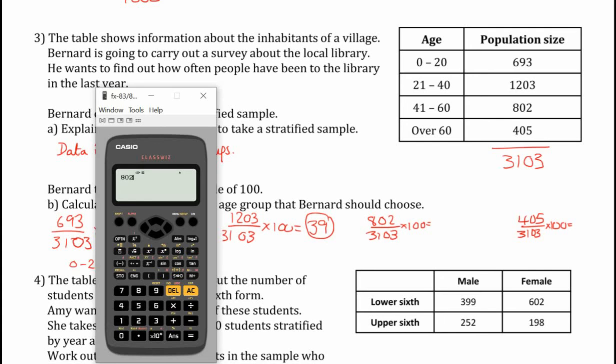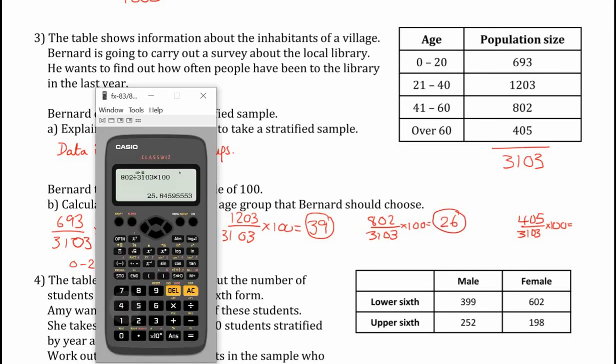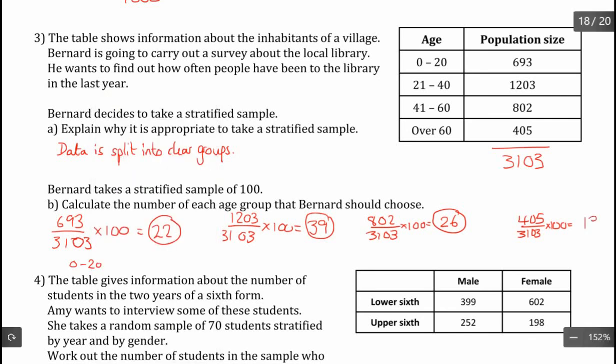For the third age group, 26 people. And for the last one, 13 people. And hopefully all of these will add up to 100.